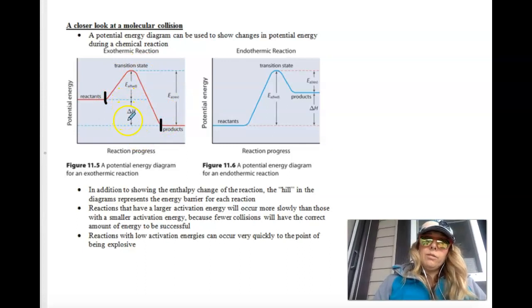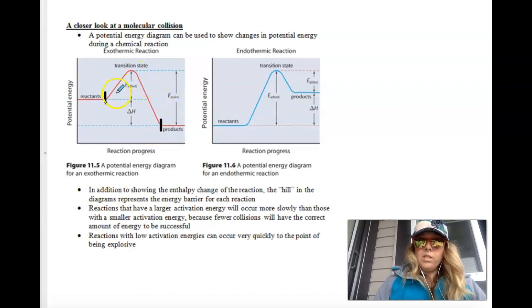So delta H is still the difference between the reactants and the products. That doesn't change. That's always what delta H is. But now we're going to talk about the activation energy of the forward and the activation energy of the reverse. Activation energy of forward and reverse are not the same. If you think about delta H, if we switch from forward to reverse, all we do is switch the sign.